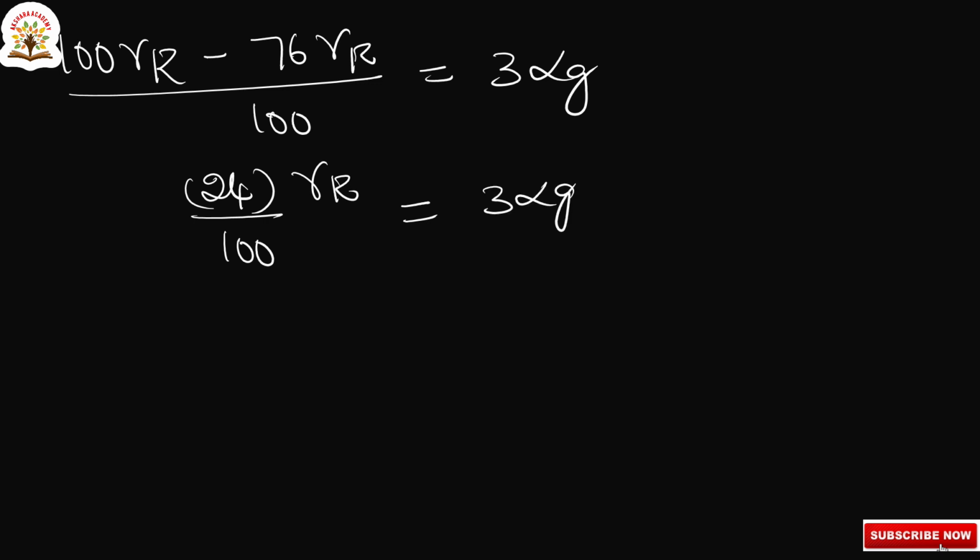Now 3 ones are 3, 3 eights are 24. So 8 by 100 gamma R is equal to alpha g.